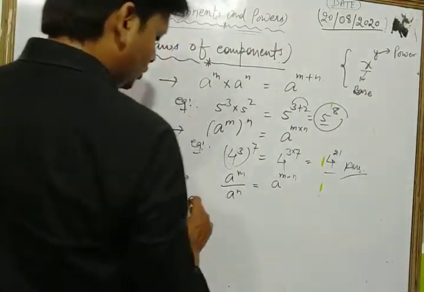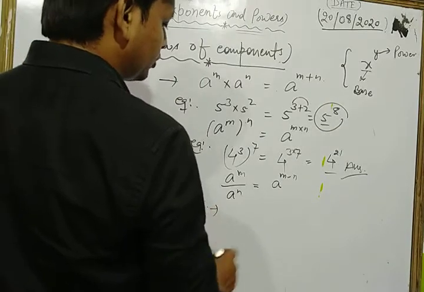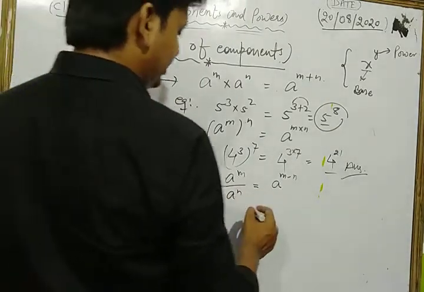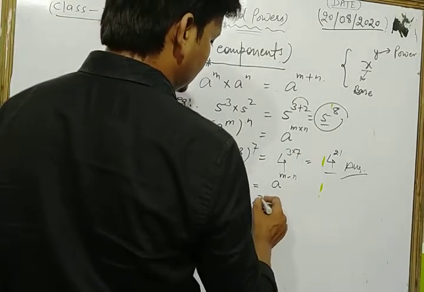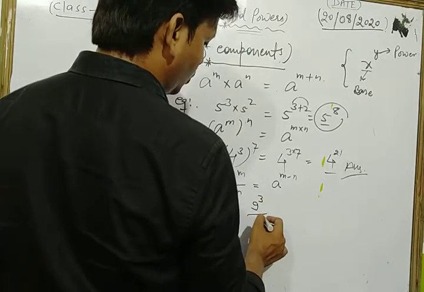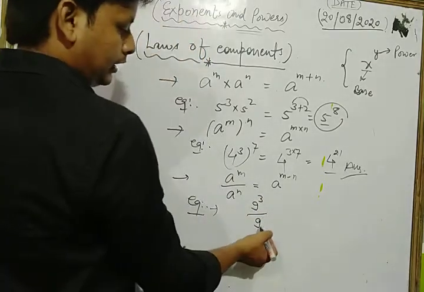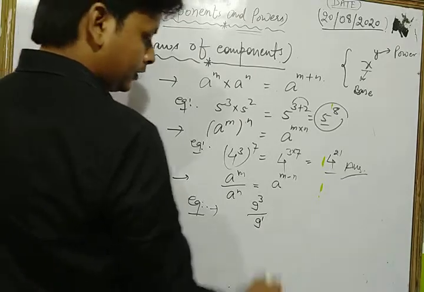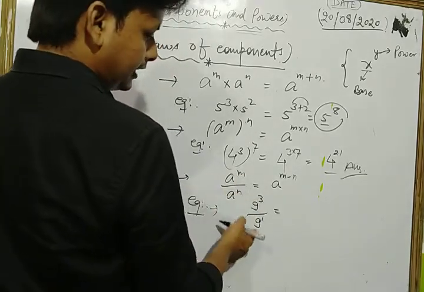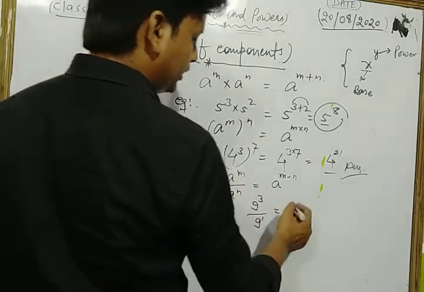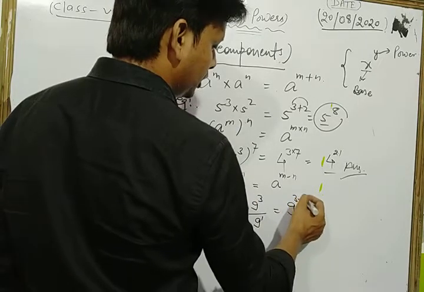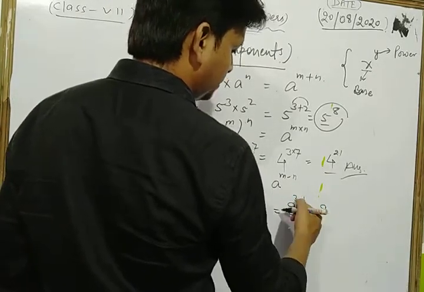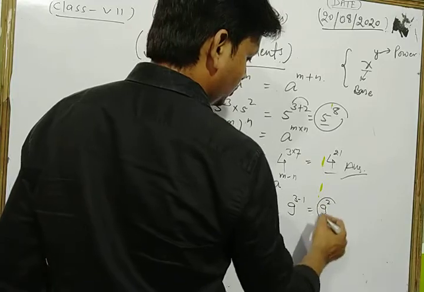Take an example based on that law. Dear student, if we write 9 to the power 3 upon 9 to the power 1, here the bases are the same but the powers are different, so we write 9 to the power 3 minus 1, which is 9 to the power 2.